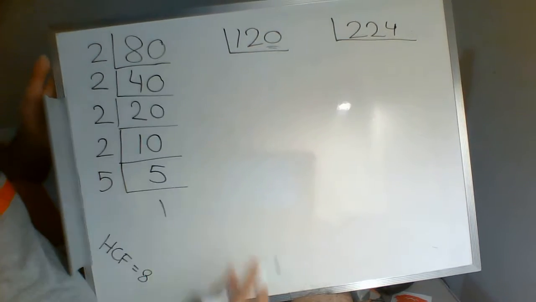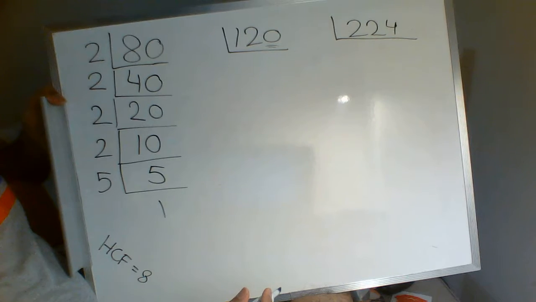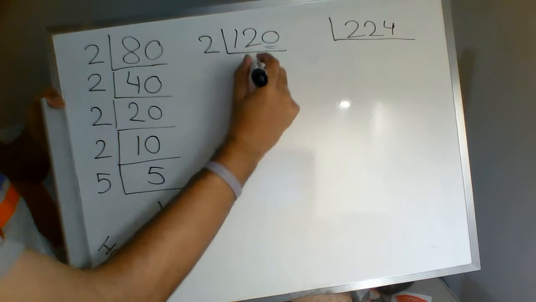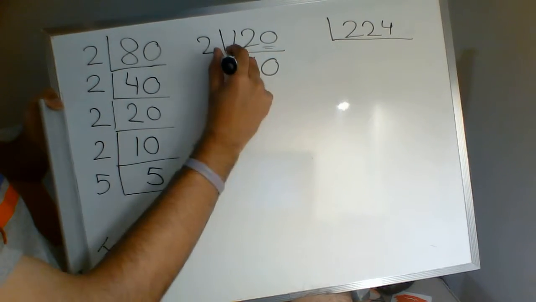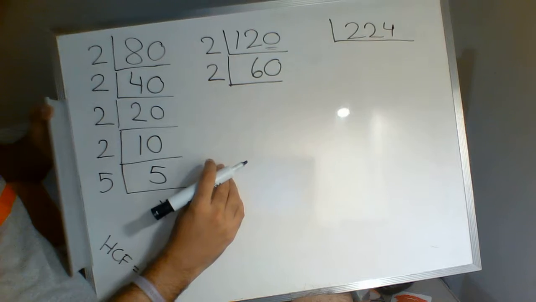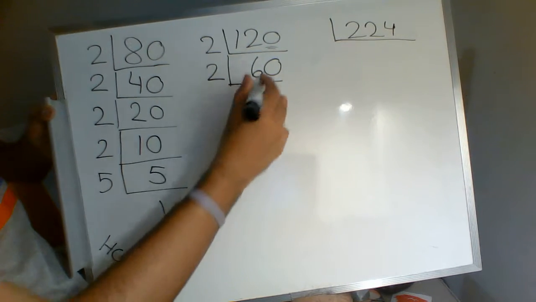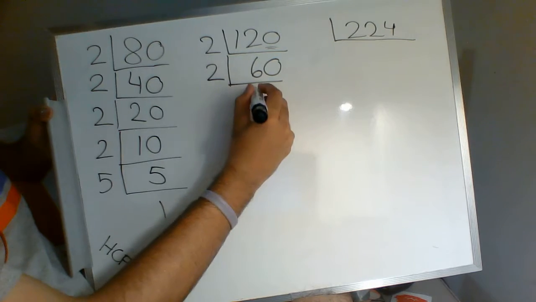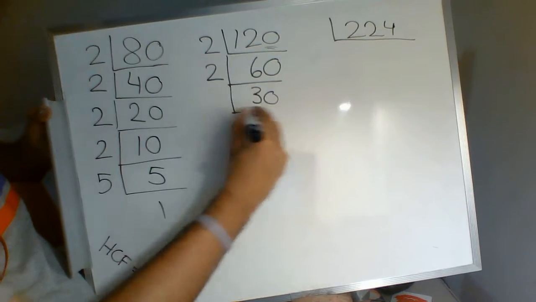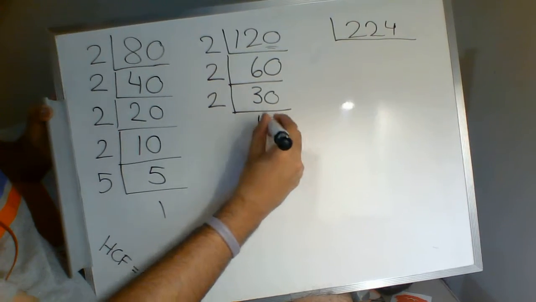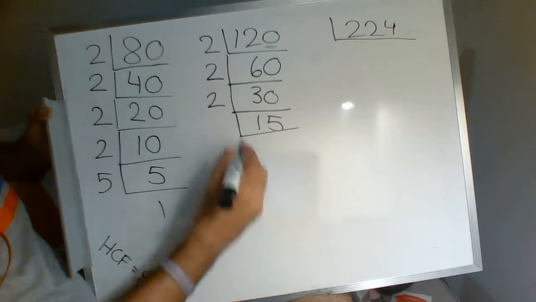Similar process for 120. I'm going to speed through this again. It's even, so we divide it by 2. 120 divided by 2 gives us 60. Still even, so we divide it by 2. That's the smallest prime number that we can divide 60 by. So 60 divided by 2 gives us 30. Still even, same idea, divide by 2. 30 divided by 2 leaves us with 15.